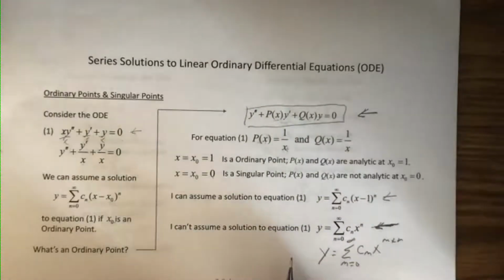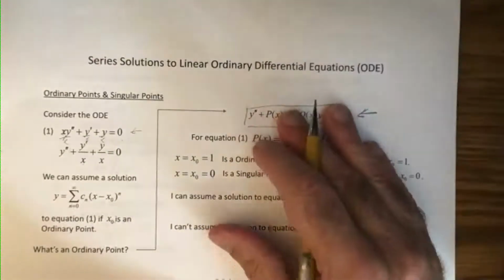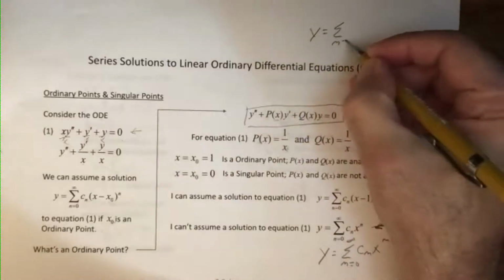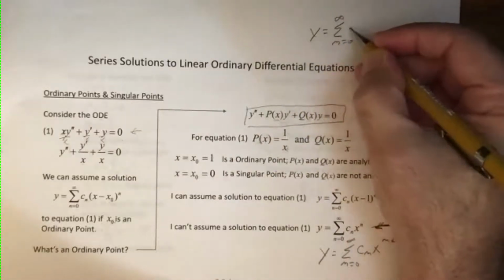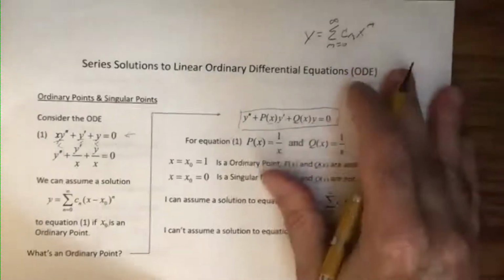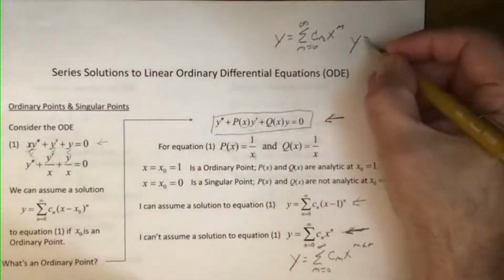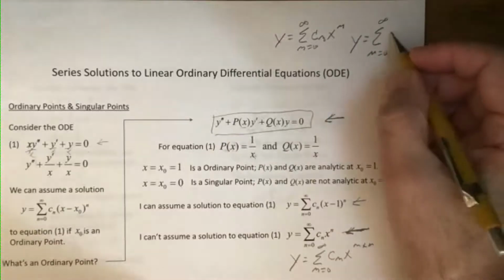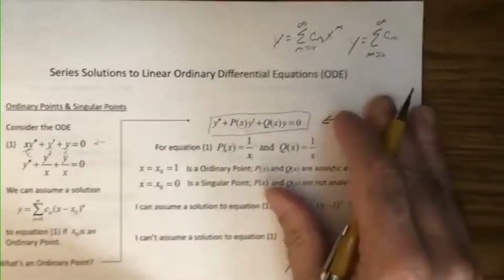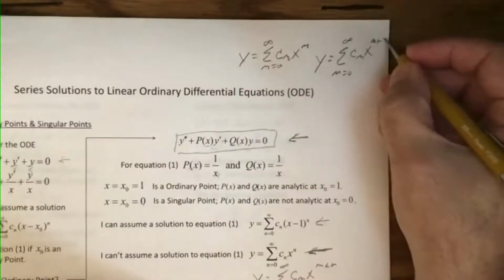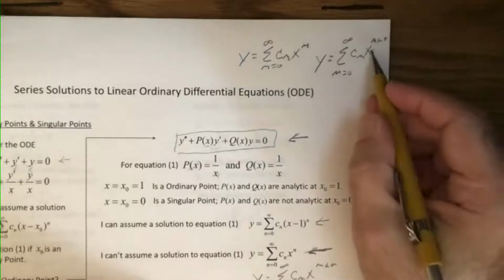There are two things here. On an exam you'll get a problem where you assume a solution like this, and I'm always going to do it about 0. And then you'll have a problem where you have to assume a solution like this, where it's x minus a to the n plus r.